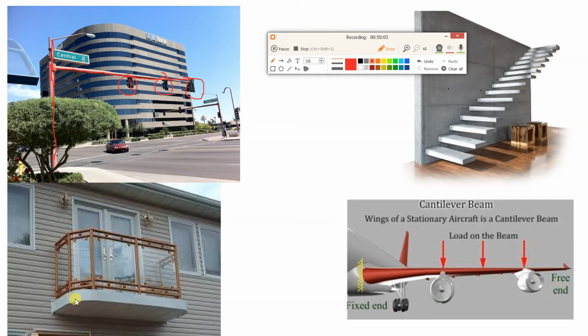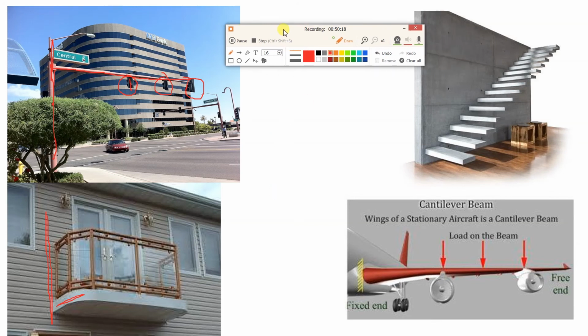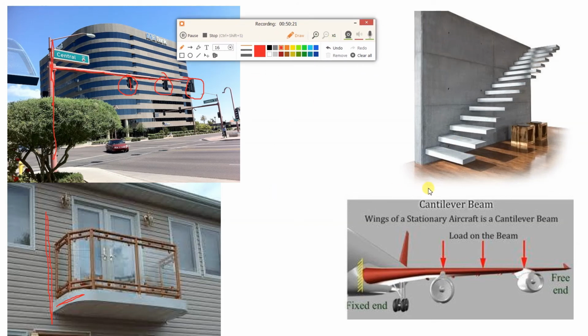Cantilever case. Next, second diagram, if you see, this is a balcony. This balcony is fixed to this wall on one side and it is free on the other side. That is why this is also an example of cantilever beam. Next example, there is a wall and a staircase arrangement has been shown.